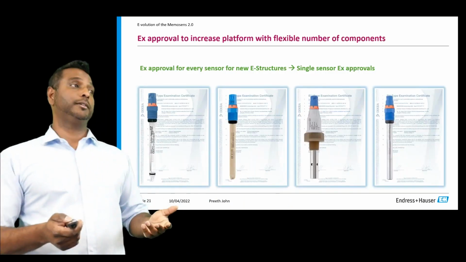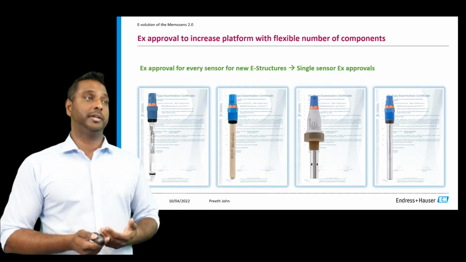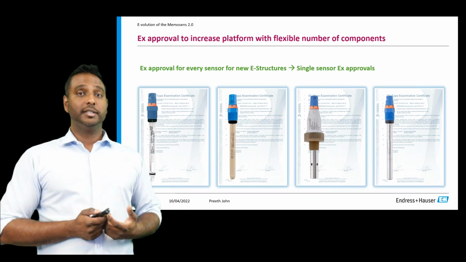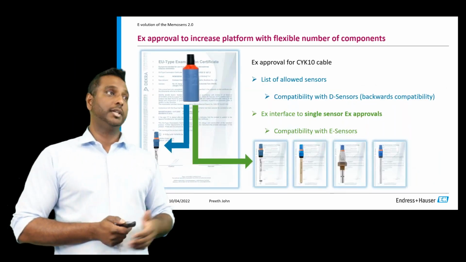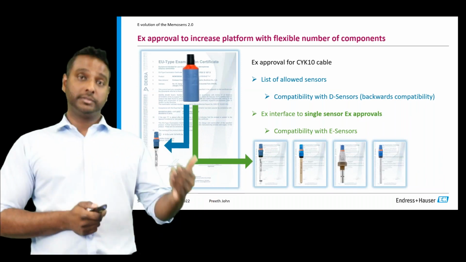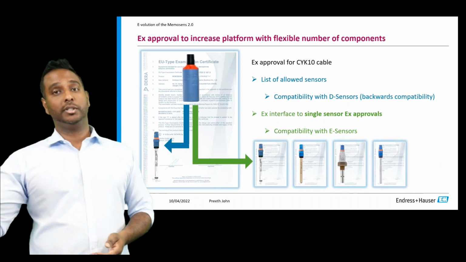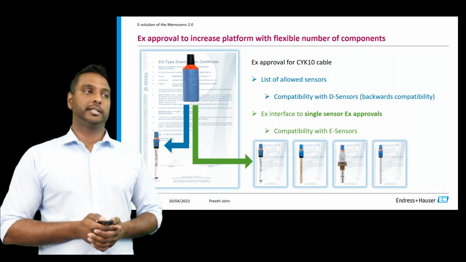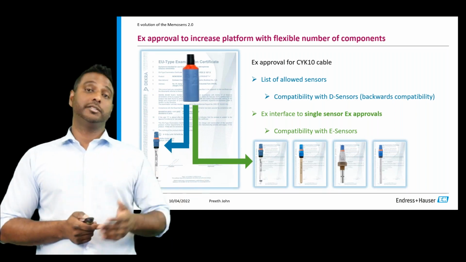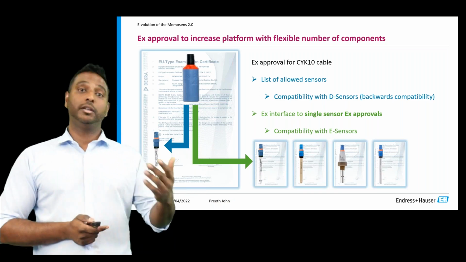That's because every one of our sensors that now comes with an E sensor structure has an EX approval associated with it. This also means that the cables that connect the transmitter to the sensor are also EX approved. So all these documents are now readily available for you to download and review yourself.